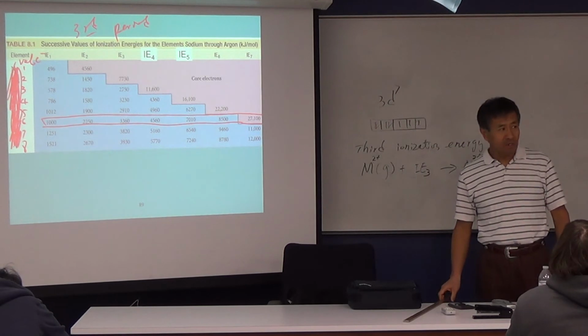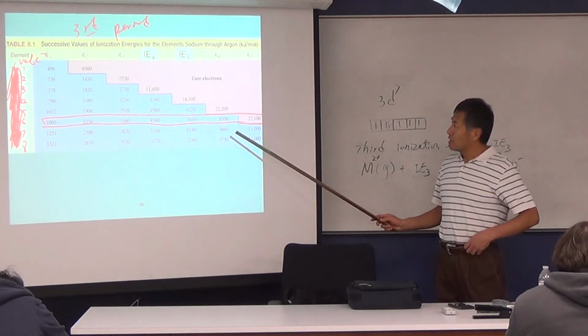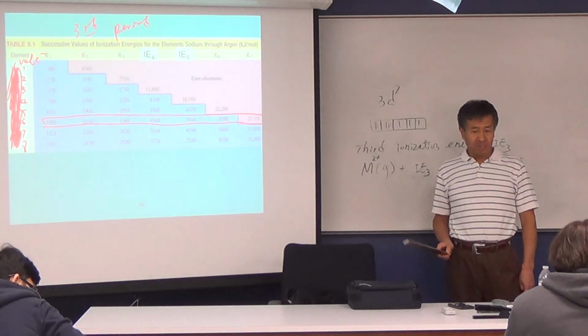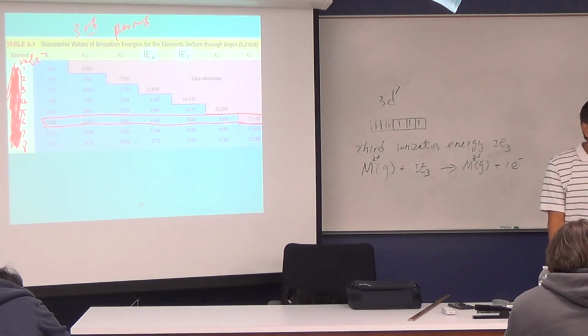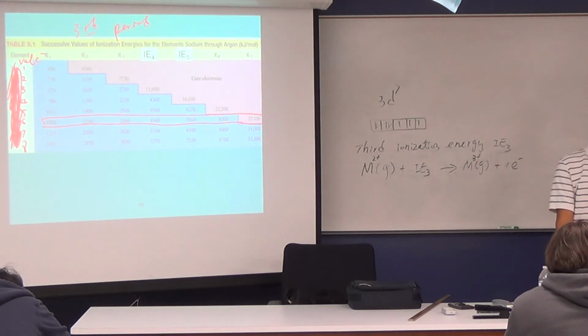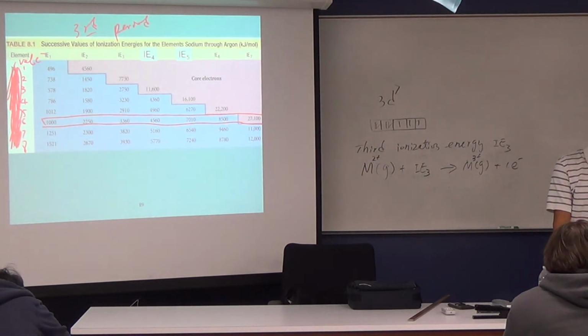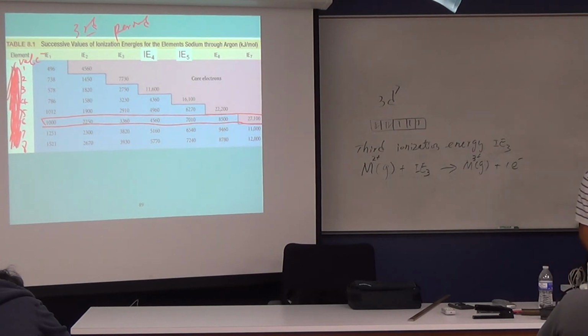So now number 7, yeah, you see this is also about 3 times more, right? Therefore, number 7 is the core, and the first 6 are valence. Yeah, very good.